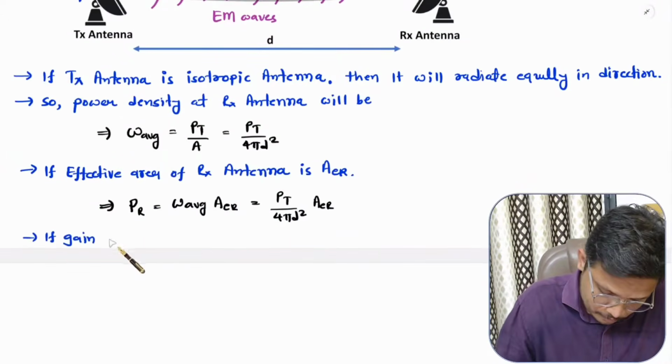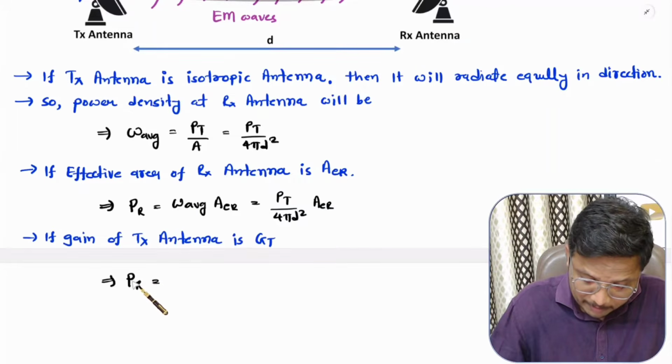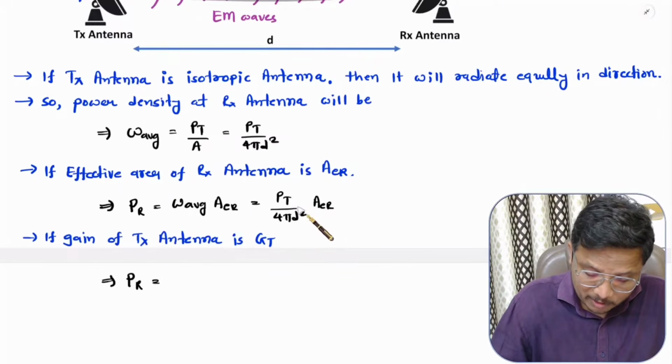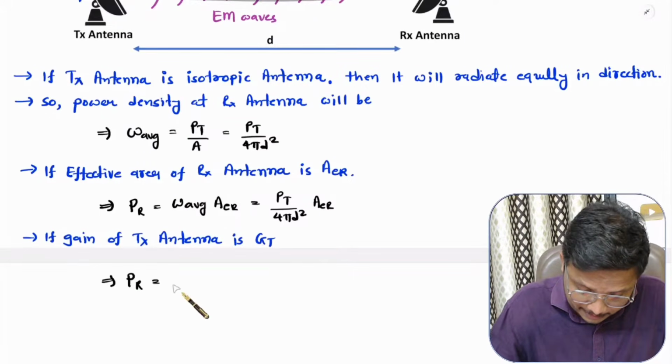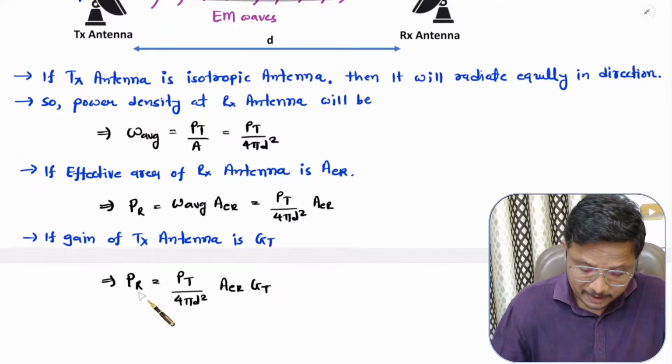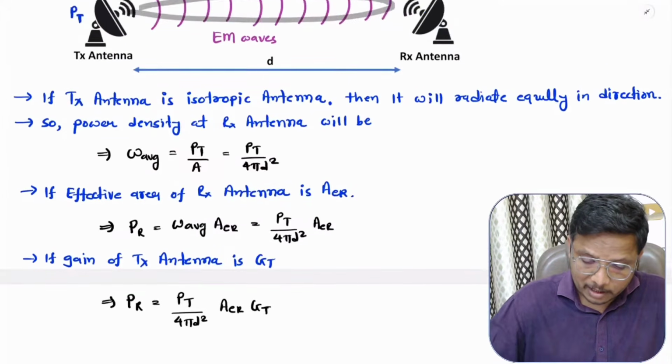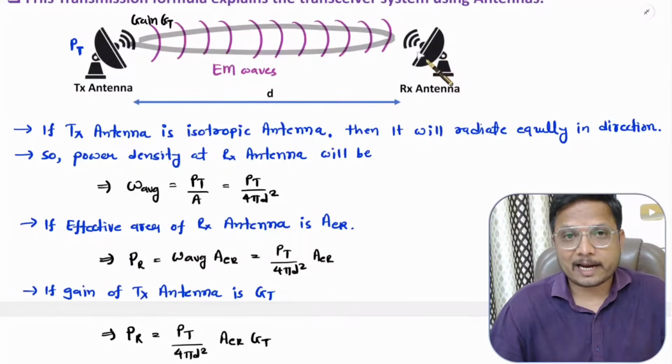So the received power with transmitting antenna gain GT will be the power due to the isotropic source into GT. Here we have the received power in terms of the effective area of the receiving antenna.